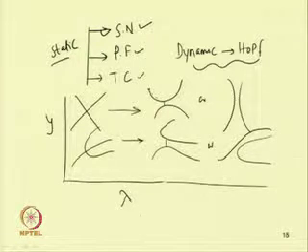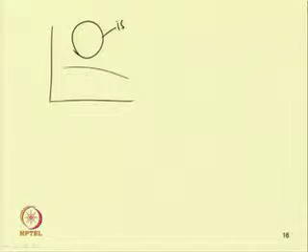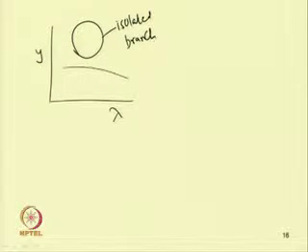Also, in case of a 2 parameter system, with 2 control parameters, we may observe that sometimes we have some isolated branch. So, this is an isolated branch, displacement versus this control parameter.